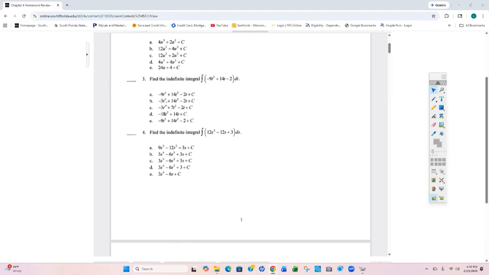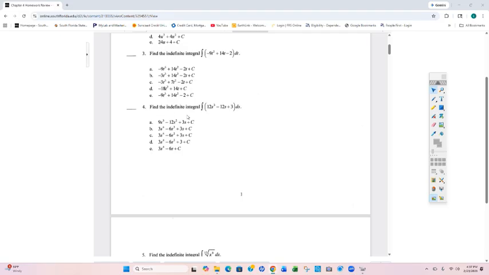B, negative 3t cubed plus 14t squared minus 2t plus c. C, negative 3t cubed plus 7t squared minus 2t plus c. D, negative 18t squared plus 14t plus c. E, negative 9t cubed plus 14t squared minus 2 plus c. The correct answer is C, and that is from section 4.1.